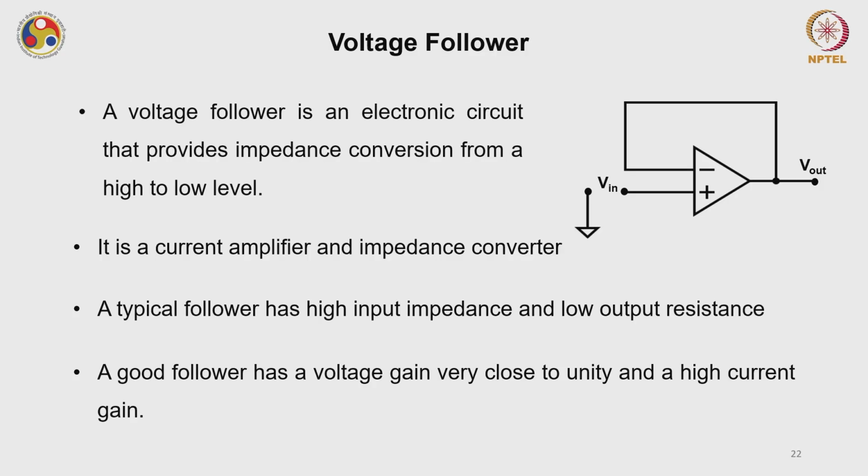As I have mentioned earlier also, it is basically a current amplifier and can be used as an impedance converter from high value to low value. So, a typical follower has high input impedance and low output impedance, and a good follower has a voltage gain very close to unity and a high current gain. That is why I mentioned that the output voltage actually follows the input voltage, because the gain is almost equal to 1.